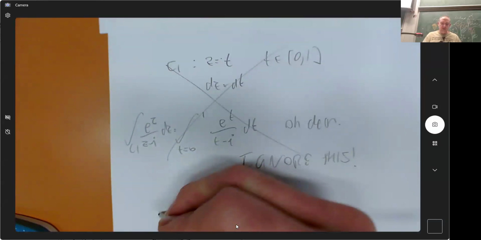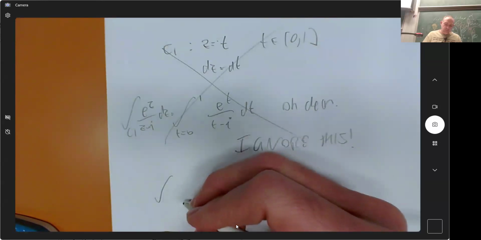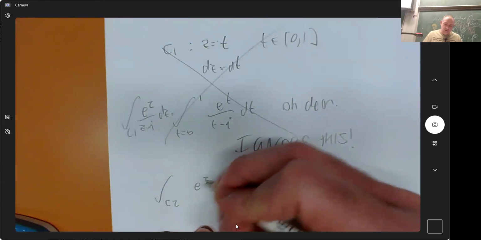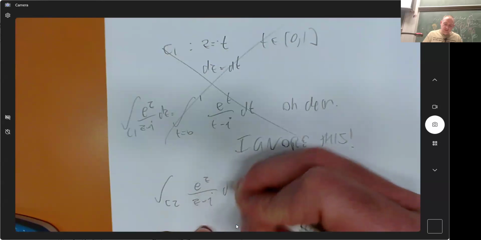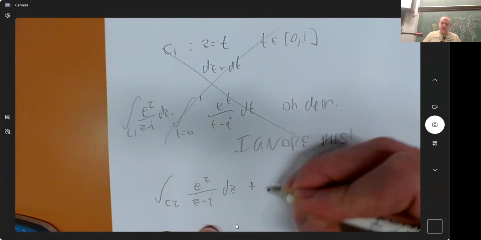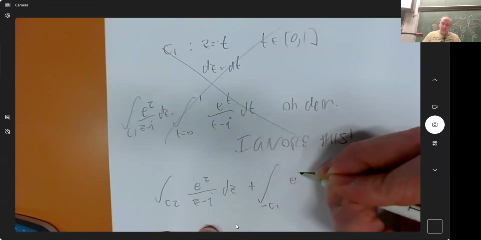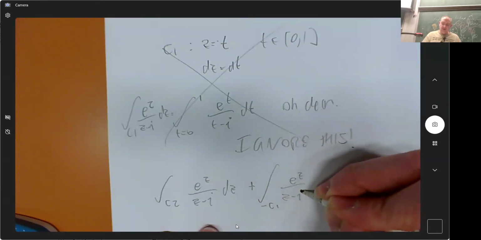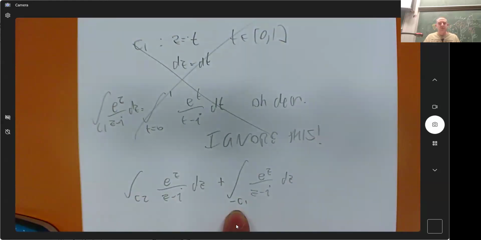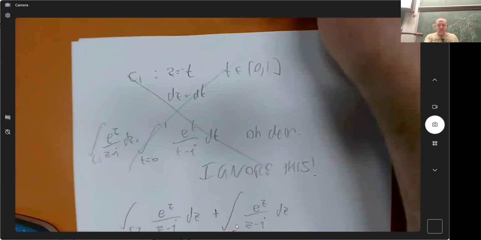I'm just going to cross that out. And what I say is, well, I know that the integral over C2 of e to the z over z minus i dz plus the integral over minus C1 of e to the z over z minus i dz, because that's the opposite direction, because we go around.